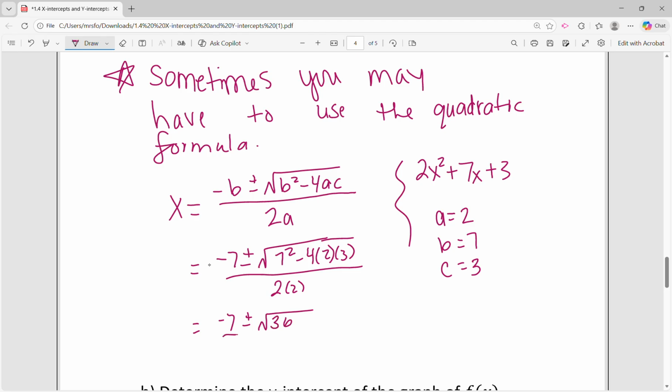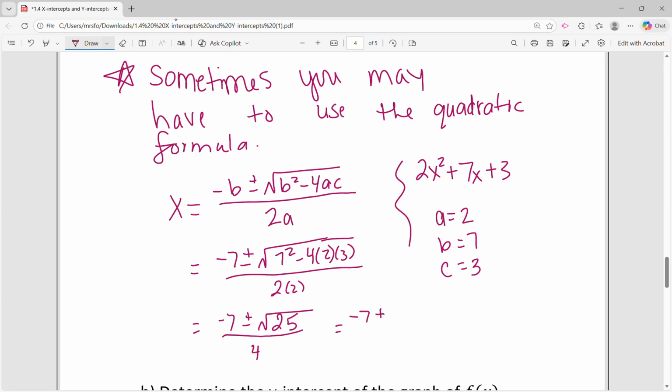Hold on, what was I saying? 49 minus 24, yeah, it's 25. I knew it was a perfect square. My thing keeps disconnecting. All right, so 25.